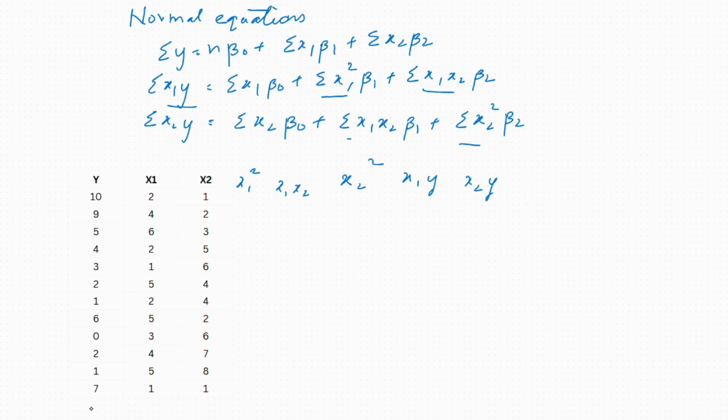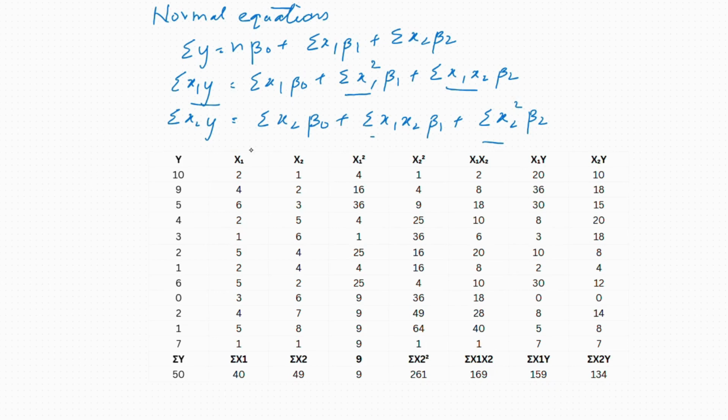By adding we get summation of y as 50, summation of x1 as 41 and summation of x2 as 49. Now let's calculate the value of x1 square. 2 into 2 is 4, 4 into 4 is 16, like that we find all the rest of the values. These are the values we get after solving the individual variables.